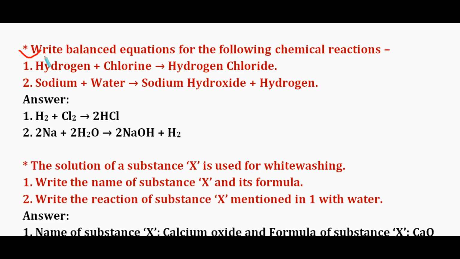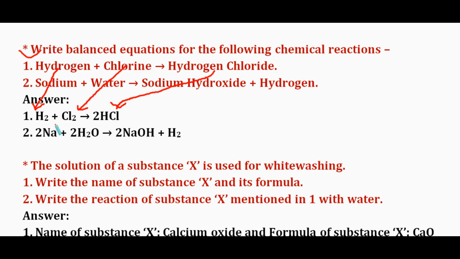Next question, write balanced equations for the following chemical reactions. Hydrogen plus chlorine gives hydrogen chloride. Hydrogen is H2 and chlorine is Cl2, and hydrogen chloride, that is hydrochloric acid, is HCl.